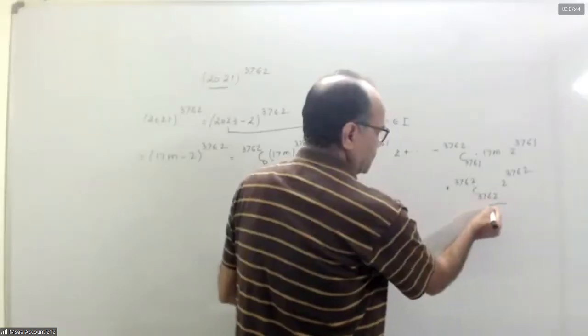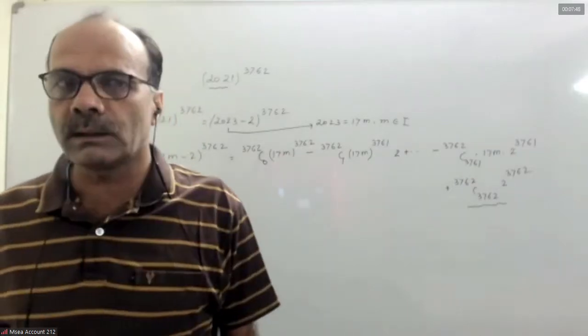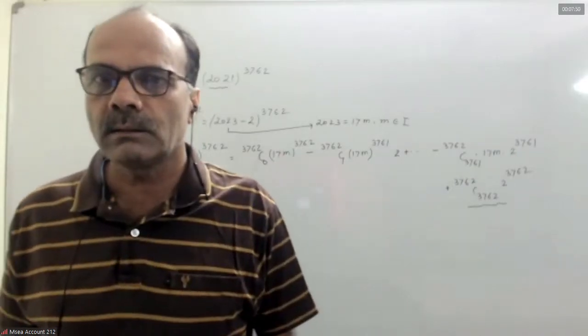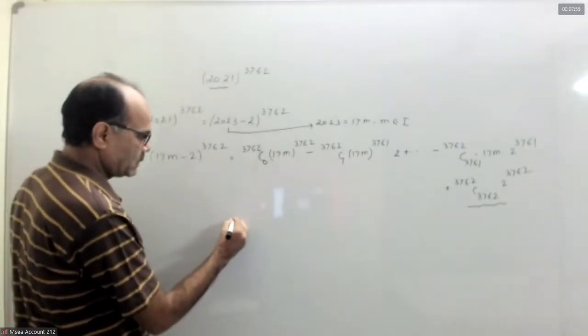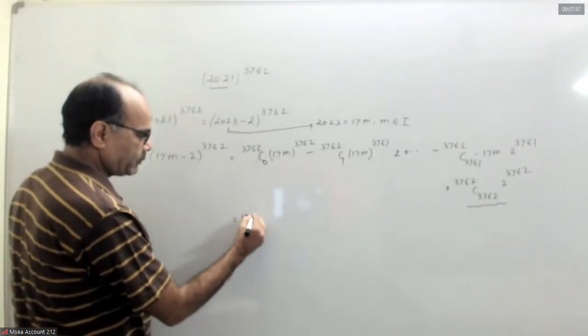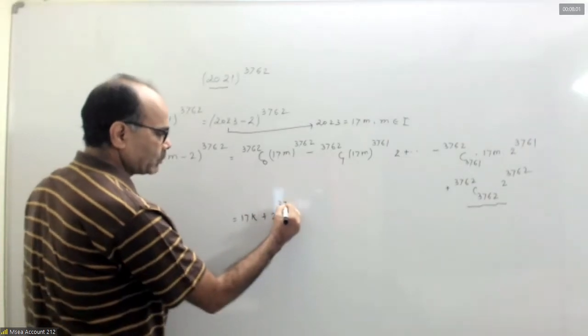Except this term, all other terms are divisible by 17. So that's why I wrote it. This equals some 17k for some integer plus 2 to the power 3762.